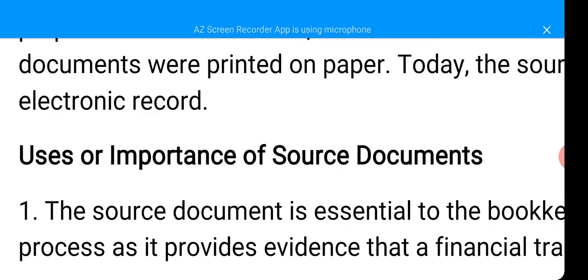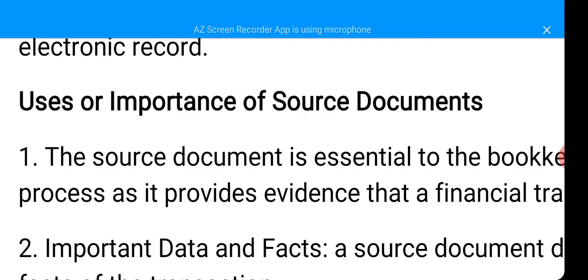Immediately I paid, the only evidence I have that I've paid, the only record that shows that a transaction has taken place between me and the person that sold the goods, is that receipt. So the receipt is an example of a source document.